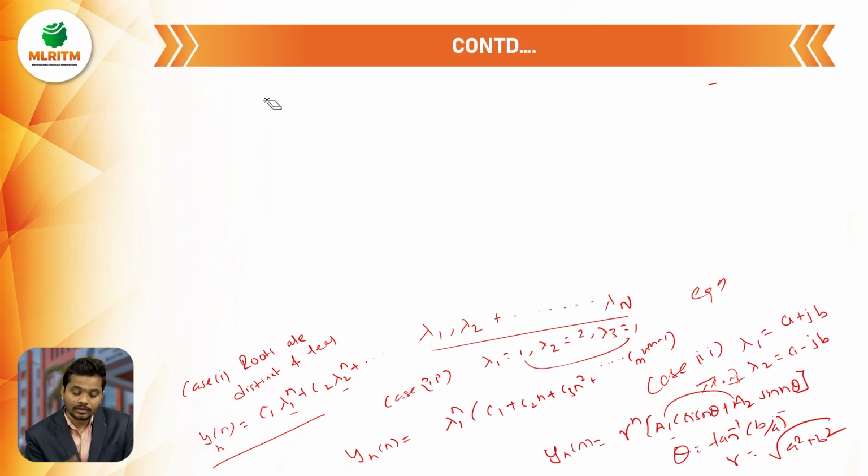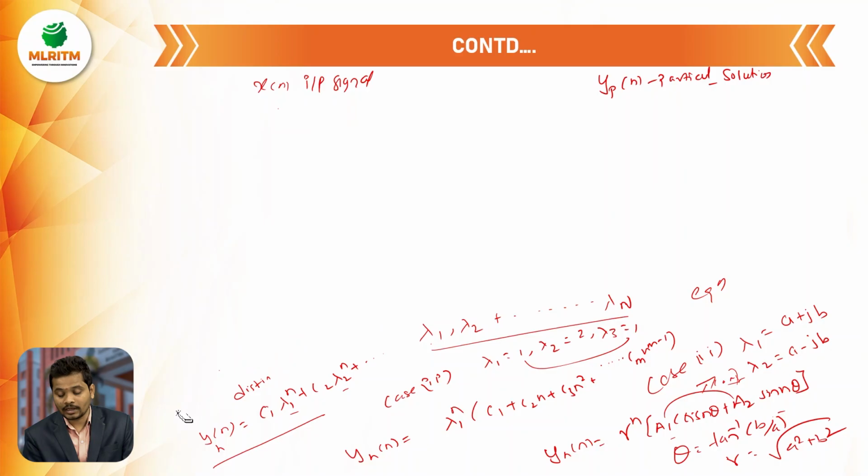Here x of n is the input signal and yp of n is the particular solution for that input. No derivation is needed here; they directly give the particular solution for each input.